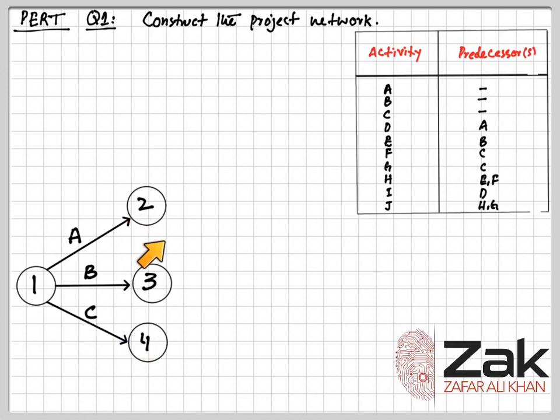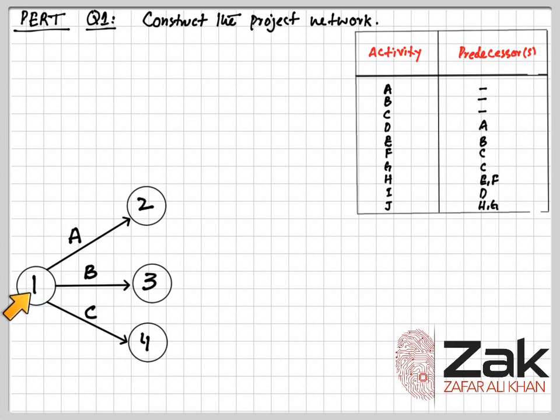So every time you create a new node, you will be giving it a subsequent number. So for every activity there should be a starting node and there is one ending node. So for these 3 activities A, B and C, there is no predecessor, so they all will be started from the first node.